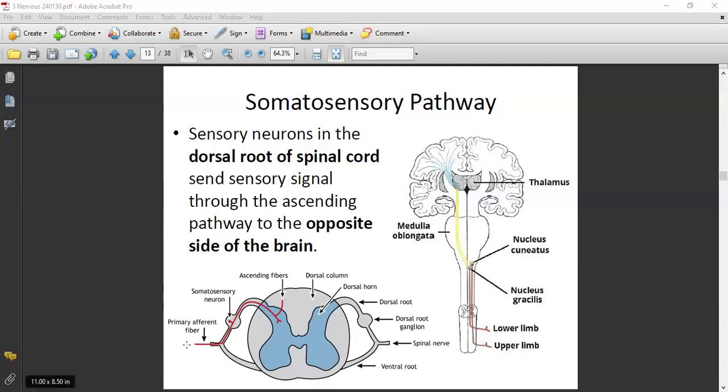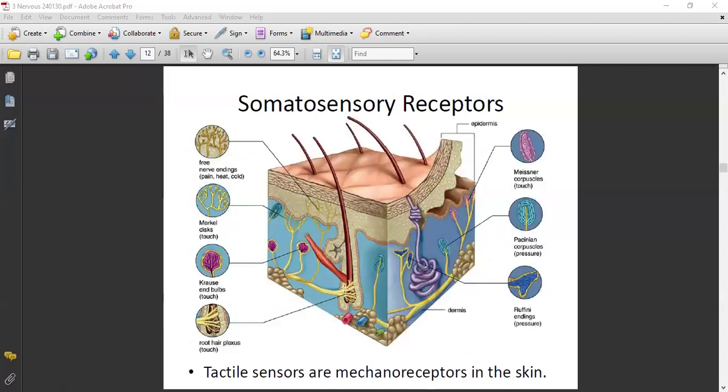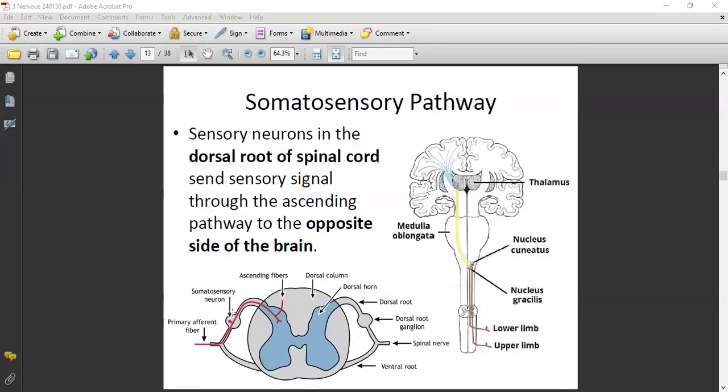So when there is a touch, an action potential will travel all the way from your fingertip to the spinal cord.